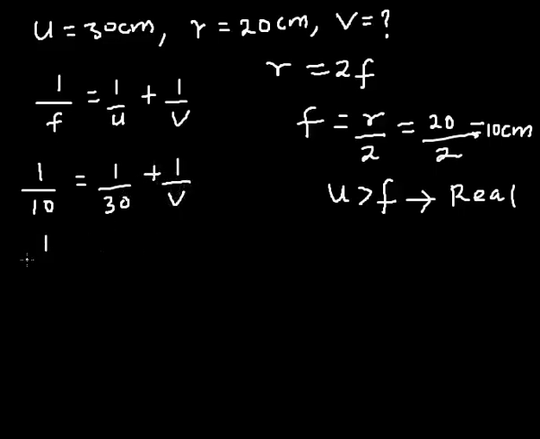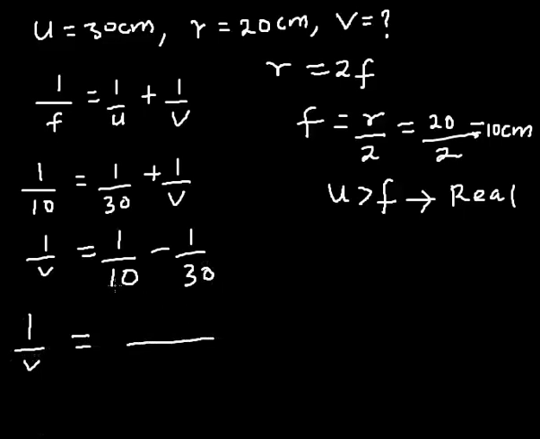Rearranging this equation, 1 over v is equal to 1 over 10 minus 1 over 30. We apply the simple LCM of the denominators, which is 30. 30 divided by 10 is 3, 3 times 1 is 3.